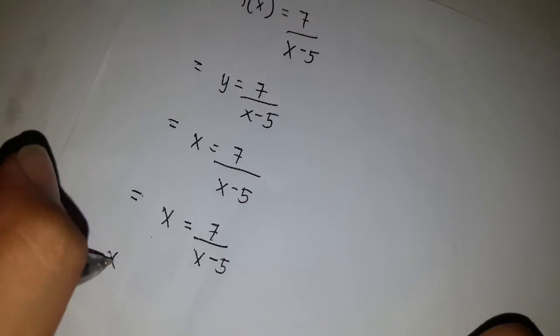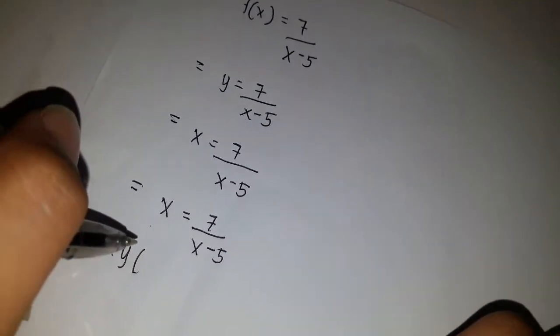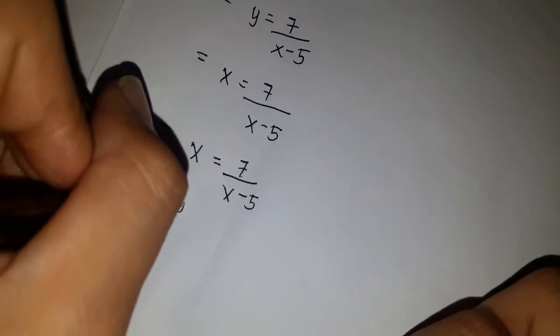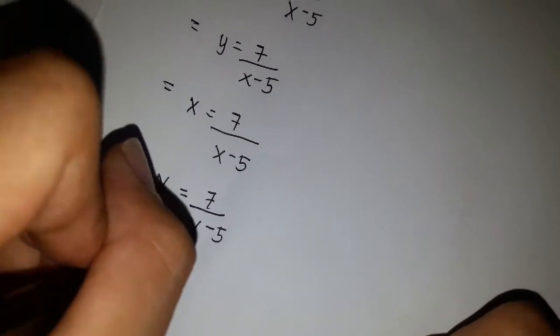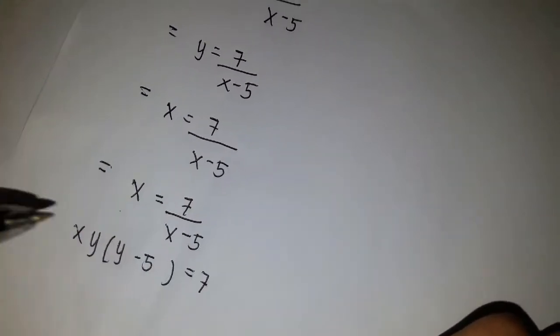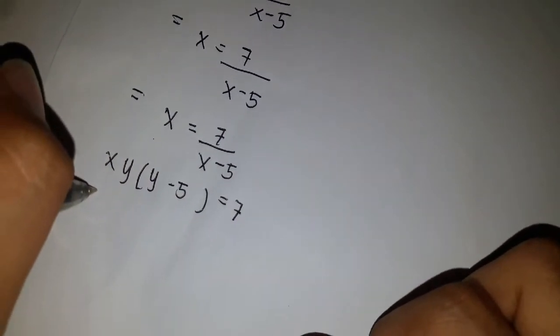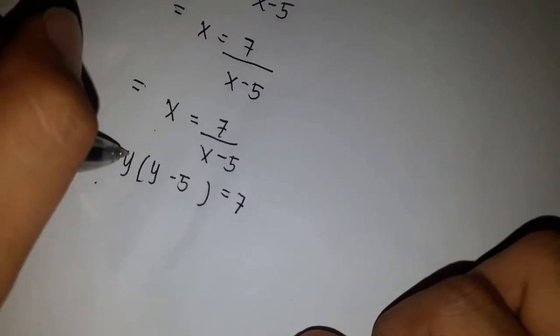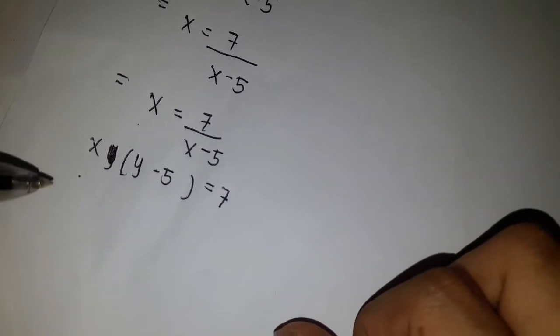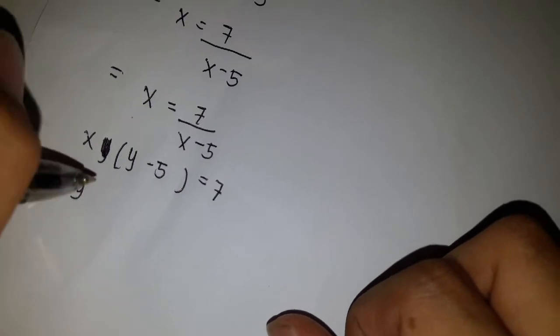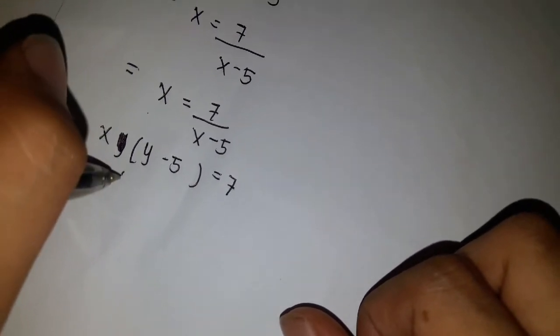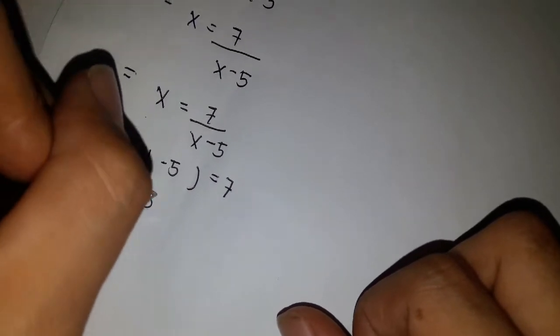So x times (y minus 5) equals 7, so xy minus 5x equals 7.